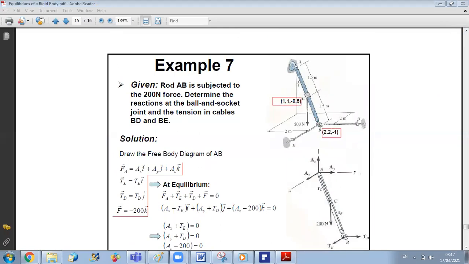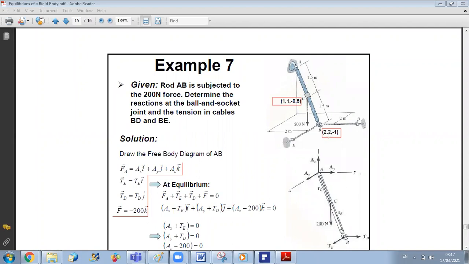Since point C is at the middle of AB, you know from geometry that x of C is x of A plus x of B over 2, y of C is y of A plus y of B over 2, and z of C is z of A plus z of B over 2. So to find the components of C, I should get the components of A and of B.